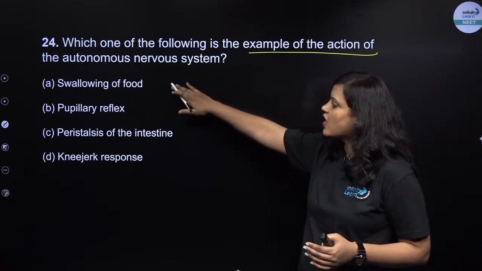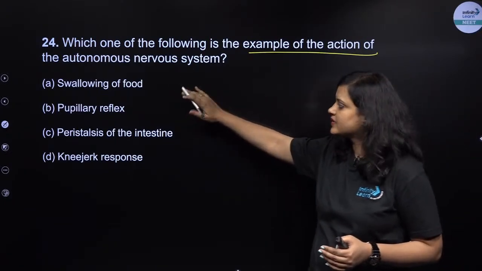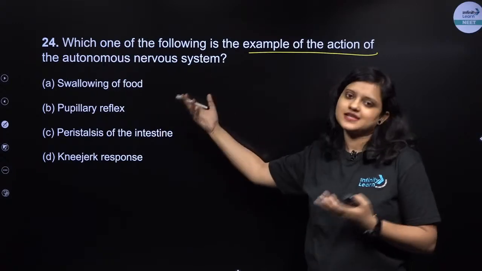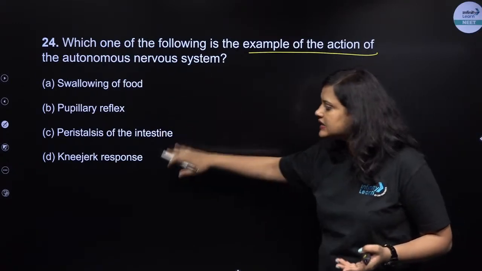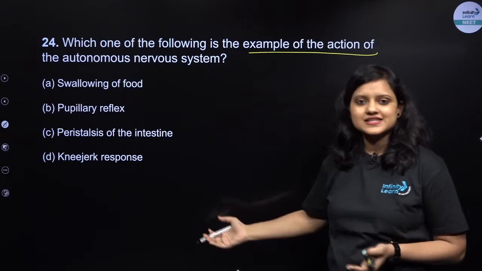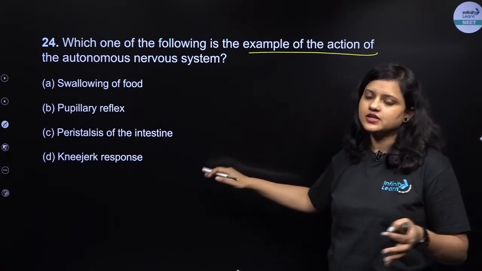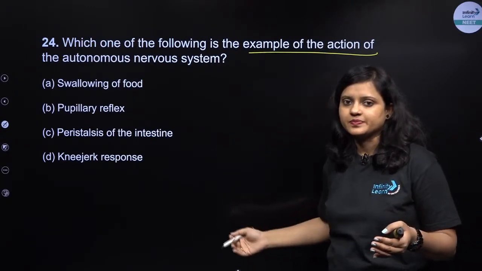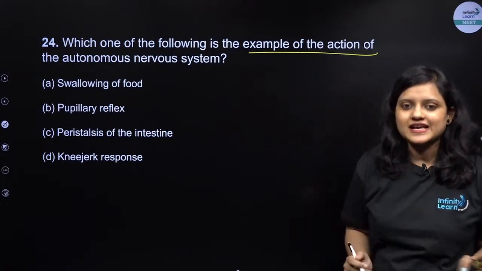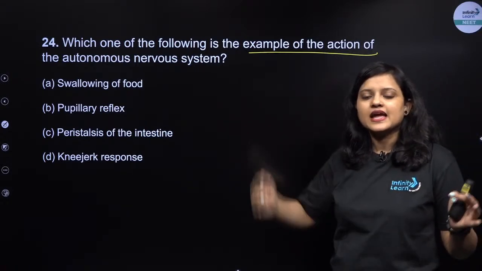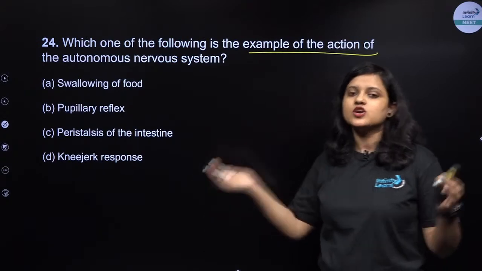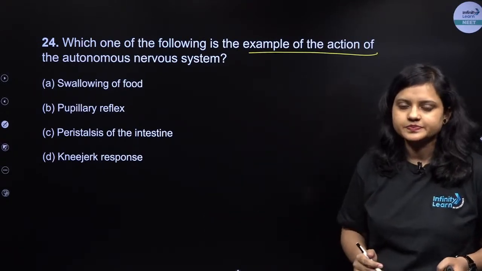Now swallowing of food is a reflex action. Pupillary reflex is again a reflex action. Knee jerk response is again a reflex action. It is not under the control of the autonomic nervous system. Recall, what is reflex action? Sudden involuntary response to a noxious stimulus by our body.